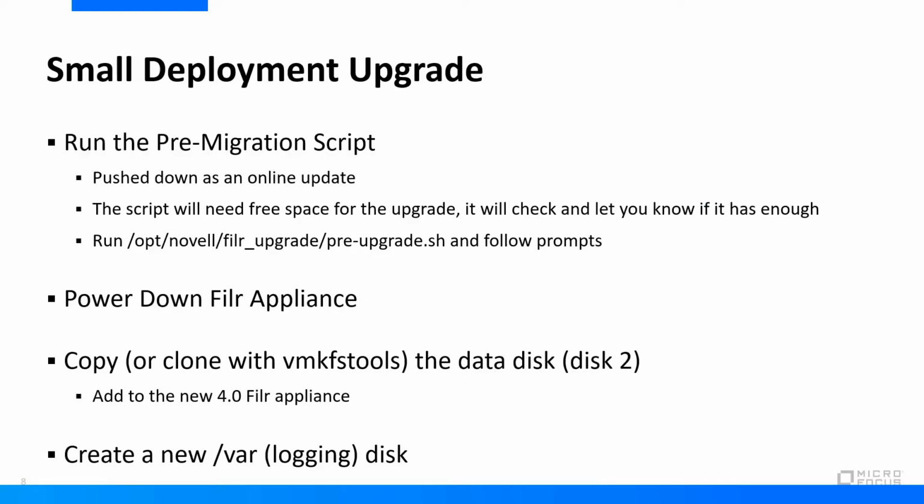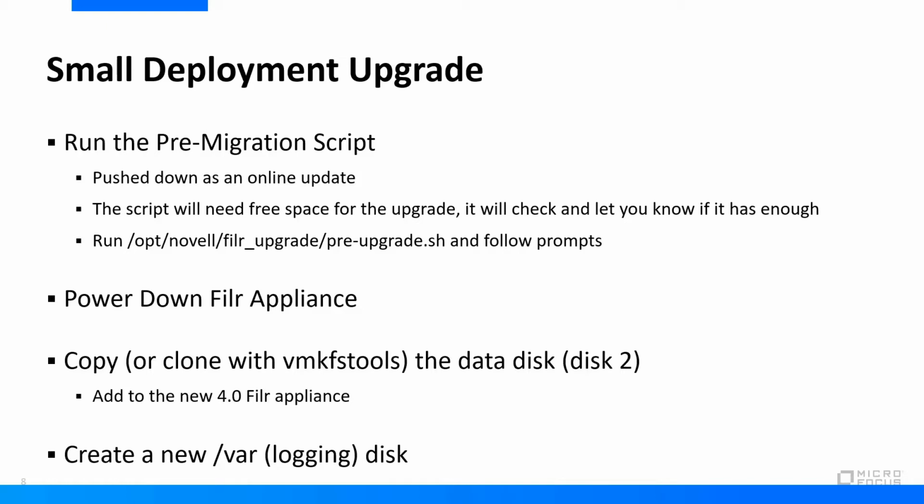So first of all, we've got a migration script that we need to run, and this only needs to be run for a small deployment, the single server deployment. If you're in a large clustered deployment, you don't actually need to run this script. Having done that, we need to power down the appliance and then copy the data disk across to the new appliance that we're going to set up.